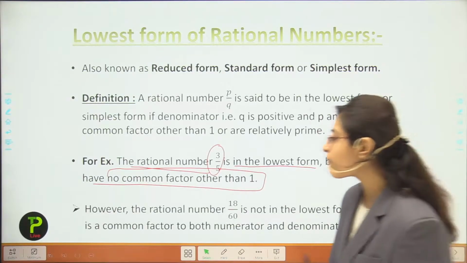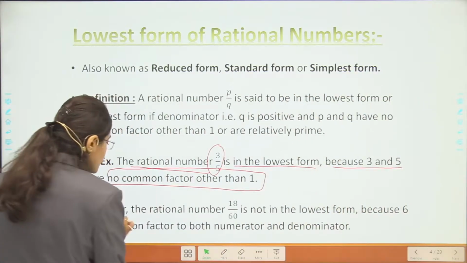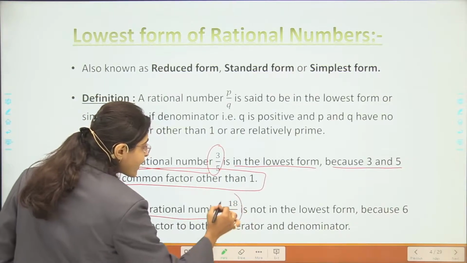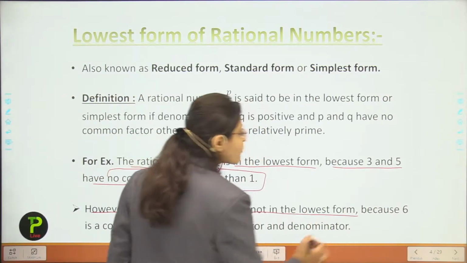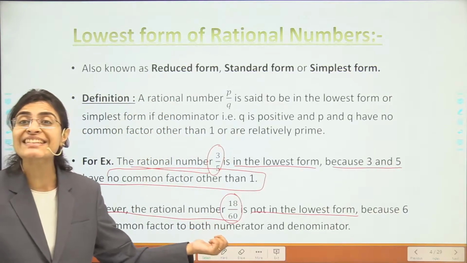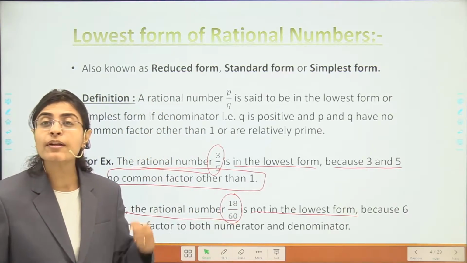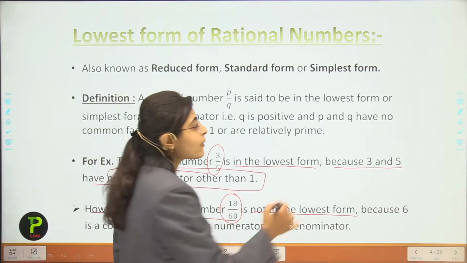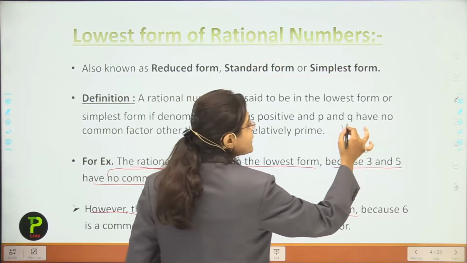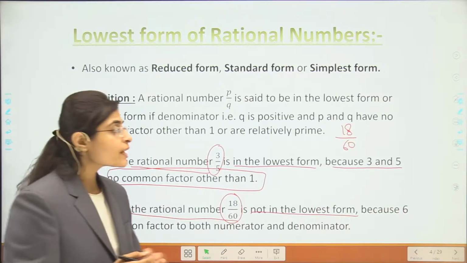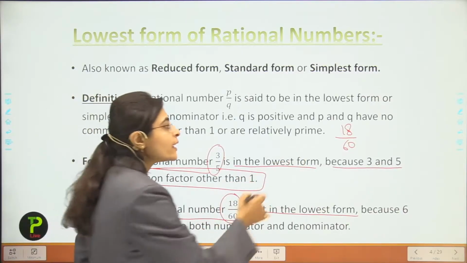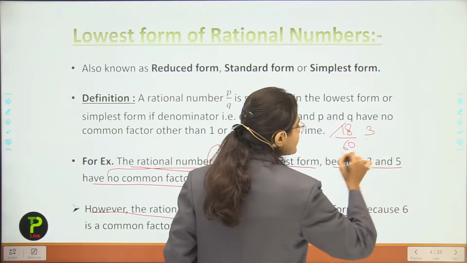However, the rational number 18 by 60 is not in the lowest form because they can be cut by 6. They both come in a table of 6, so 18 by 60 can be further cut. 6 threes are 18 and 6 tens are 60.